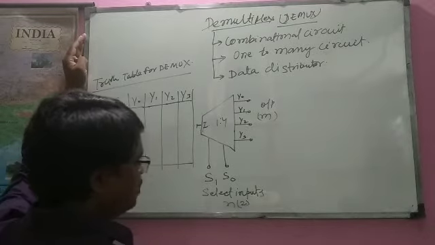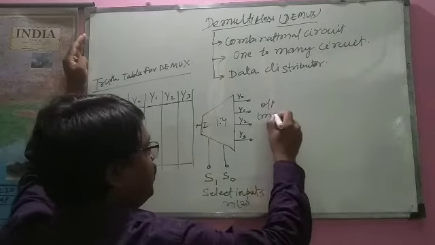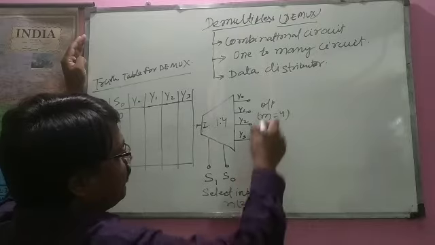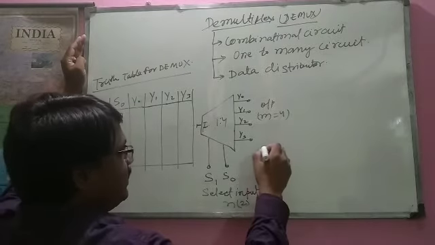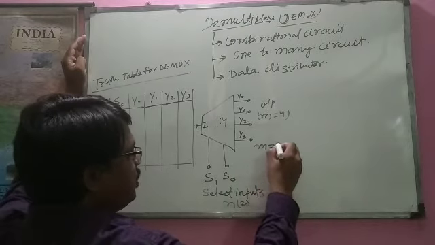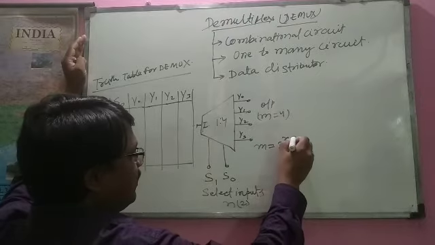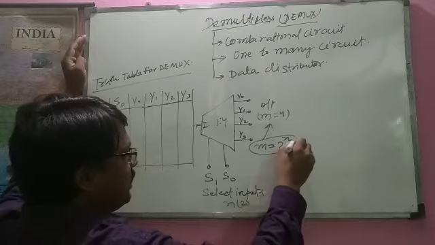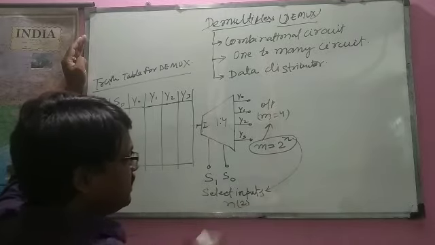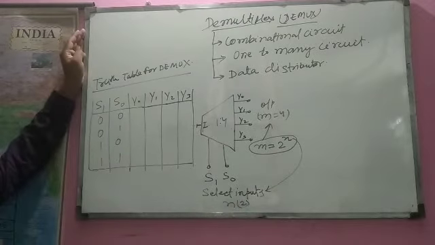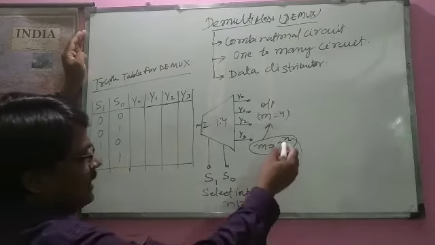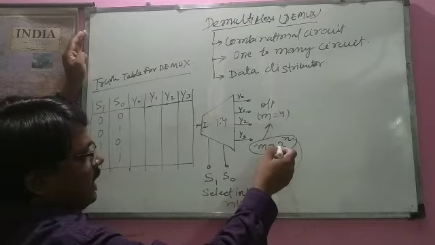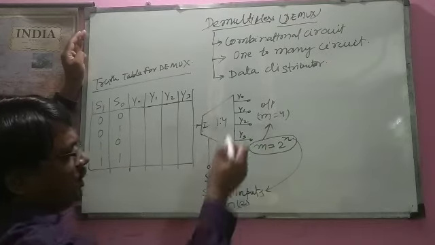So here n is equal to 2 and m is equal to 4. Why? Because the relationship between the select inputs and the output lines is: output lines equal 2 to the power n. Here n is 2, so m is 2 to the power 2, that is 4.